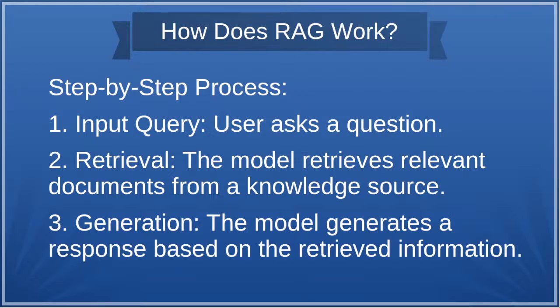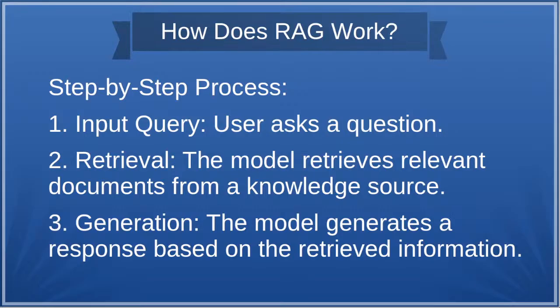How does RAG work? As I said, RAG is a very simple process. We are just going to augment the user prompt with context information retrieved from the knowledge source. The steps are: input query, where the user asks questions, and retrieval, where the system retrieves relevant documents from the knowledge source.